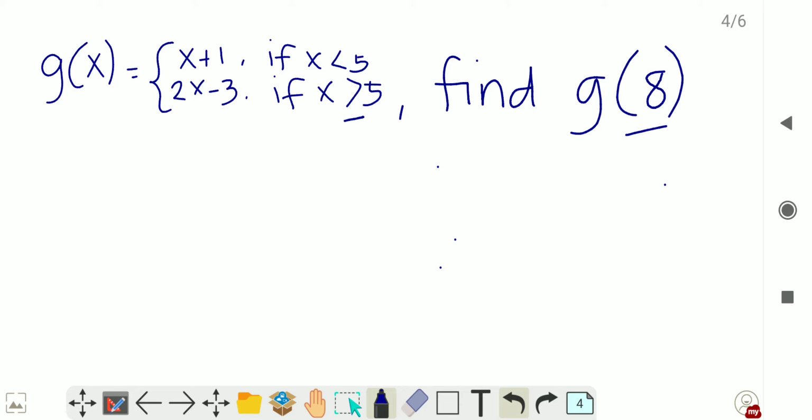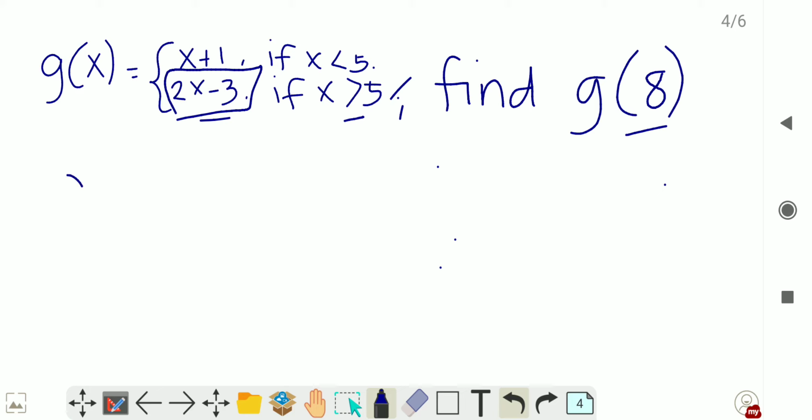Now take note, we identify whether 8 is less than 5 or is it greater than or equal to 5. Now take note that 8 is greater than 5. So that is our second interval. So we will use the second subfunction, which is 2x minus 3.